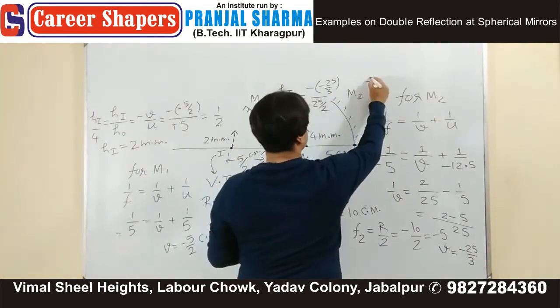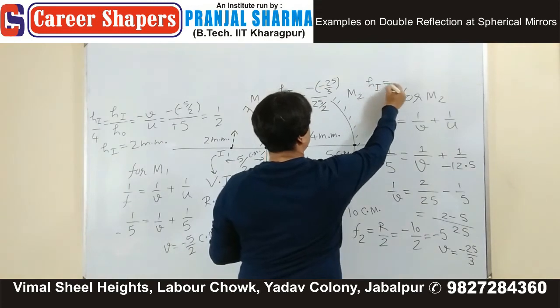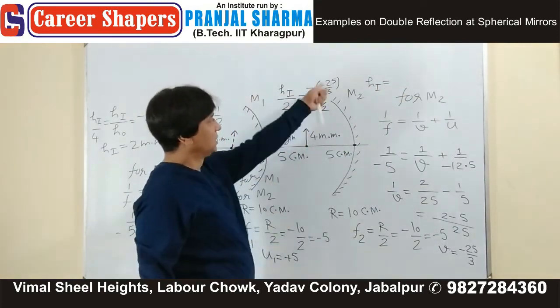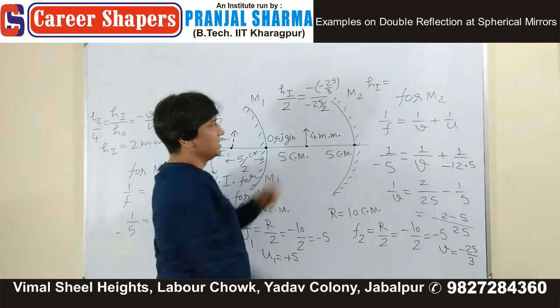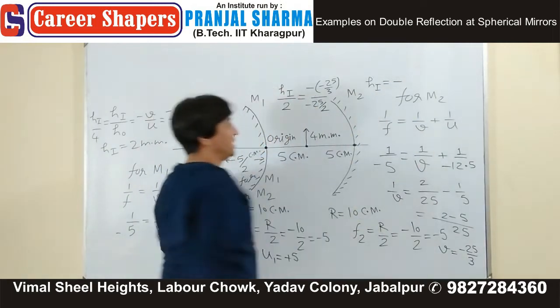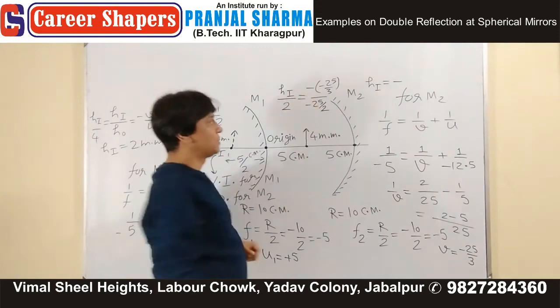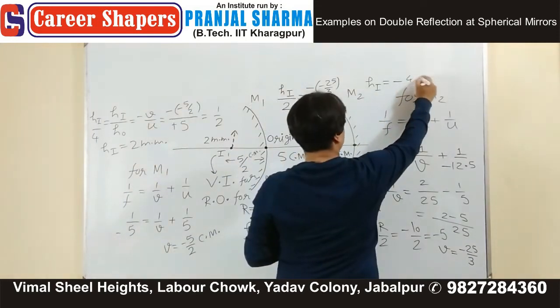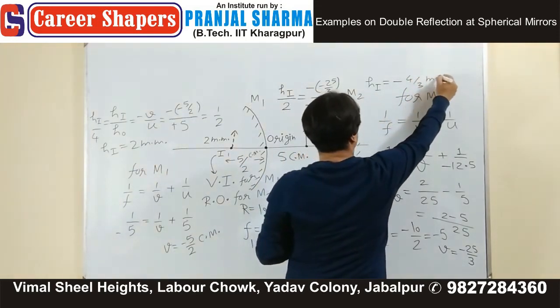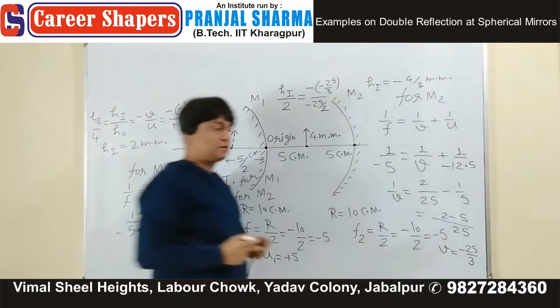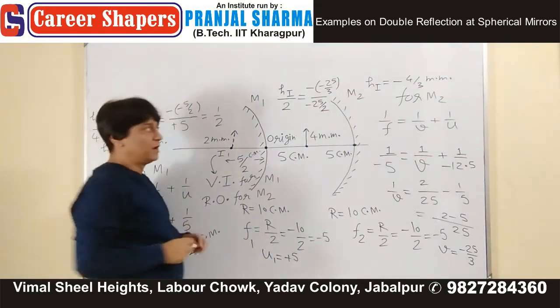This gives us HI as minus, 25, 25 cancel, 2 into 2, 4 by 3 millimeter.